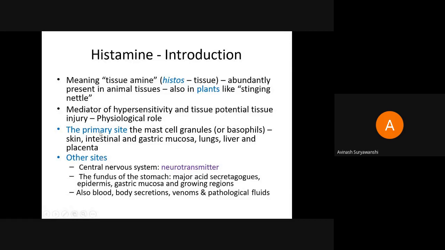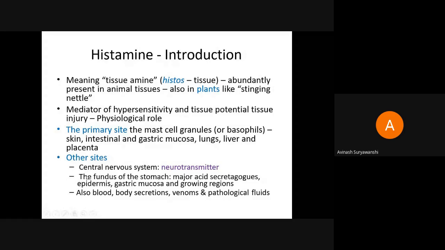Mainly, the primary sites of histamine are skin, intestine, even the gastric mucosa, lungs, liver, and placenta. These are the primary sites for histamine. Apart from these, there are other sites too, like the central nervous system.